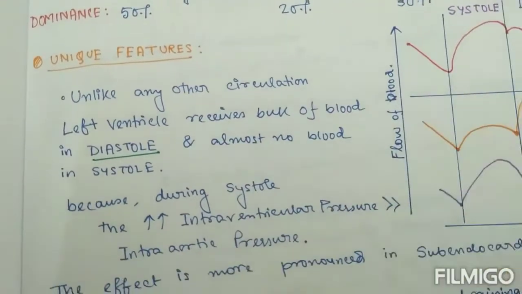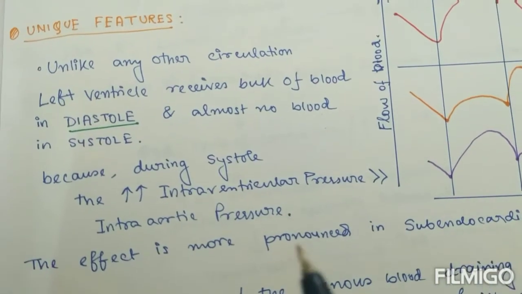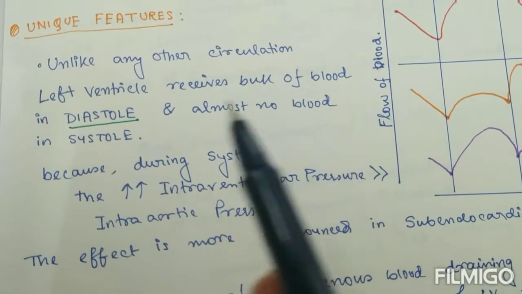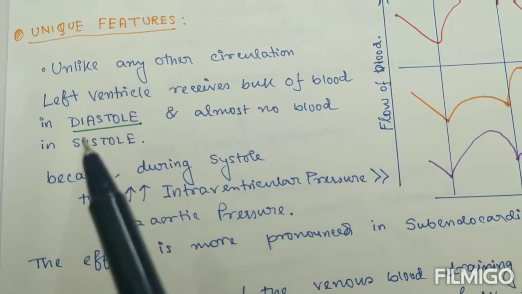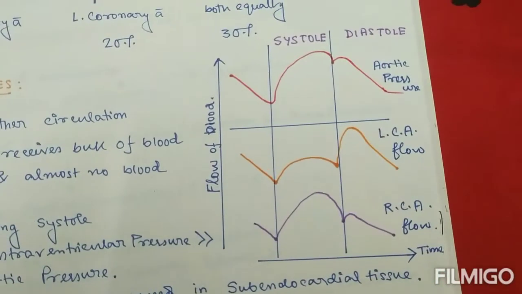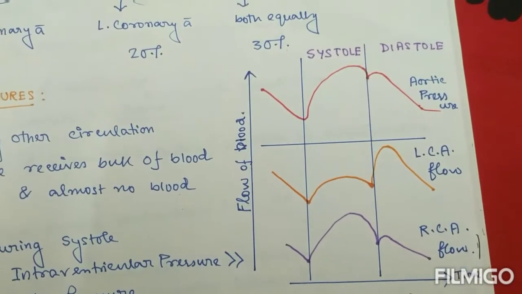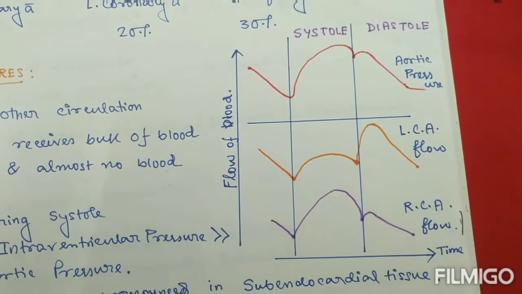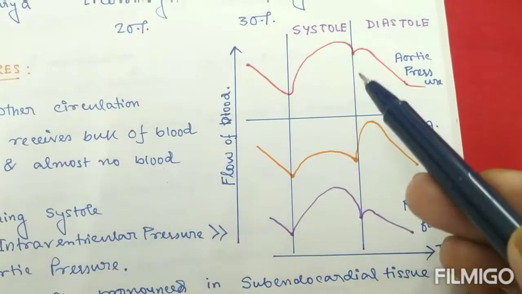There are also some unique features of this coronary circulation. Unlike any other circulation, left ventricle receives bulk of blood during diastole and almost no blood in systole. If we look for the diagram, this is the time versus flow of blood in left and right coronary artery, and this is the aortic pressure curve.